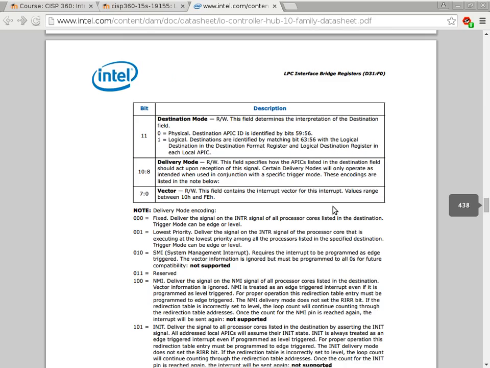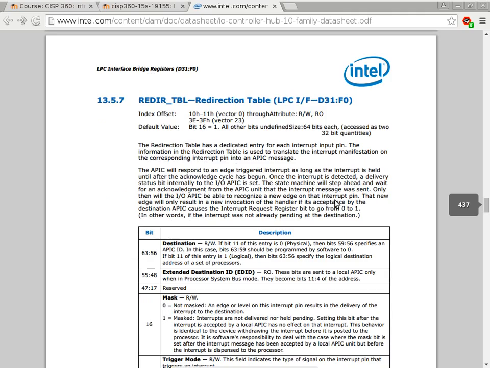There we go. This is a good one. All right, so let's take a look at this one. This is a particular I/O register. Okay, and look at the specification here.